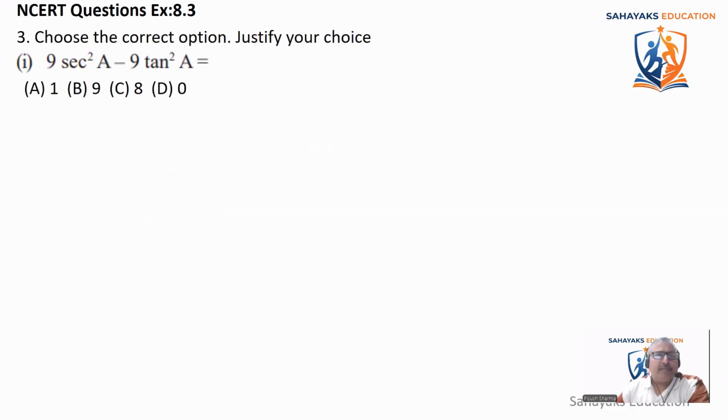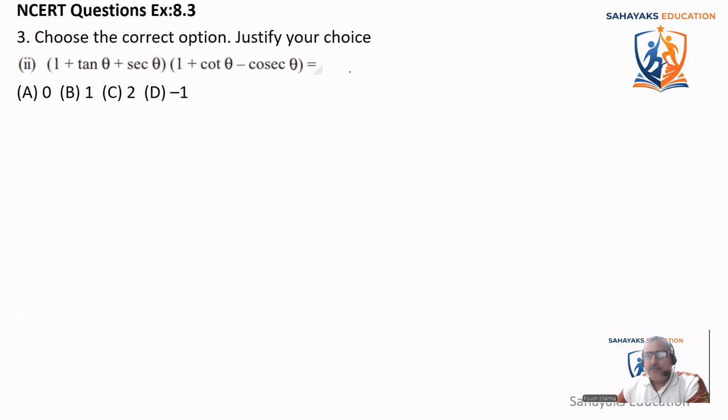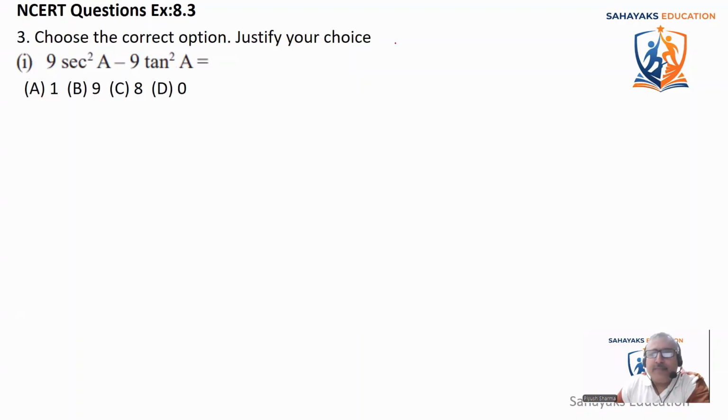So coming to the next question. Choose the correct option. Justify your choice. 9 sec square A minus 9 tan square A is equal to what? First of all, what is the identity we know? 1 plus tan square A is equal to sec square A. This is an identity given to us.